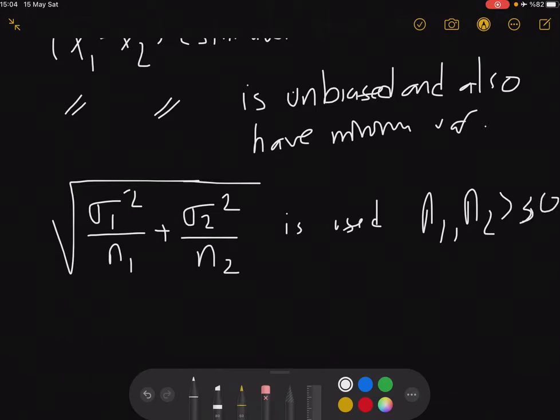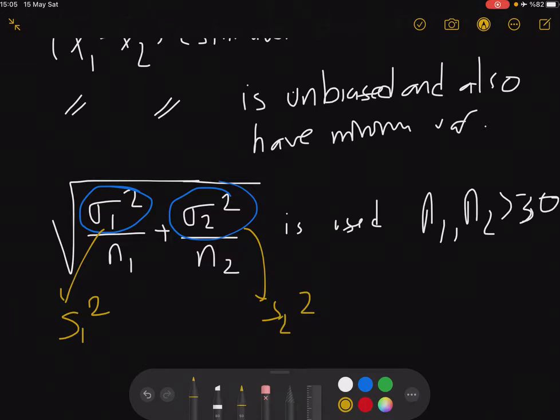If you have sufficient samples, you can write that like this. And if there is no knowledge about sigma 1 or sigma 2, these are population parameters, right? If you don't know them, then you can also rely on S1 square and S2 square, which are in fact sample parameters, but we can use them instead of population parameters if we don't have them.